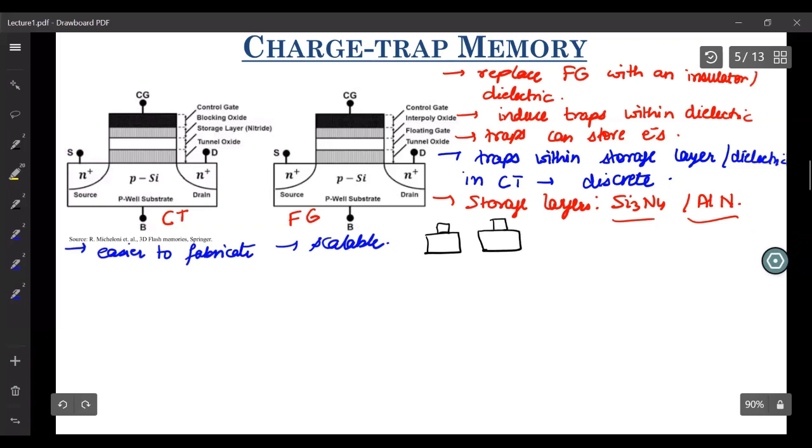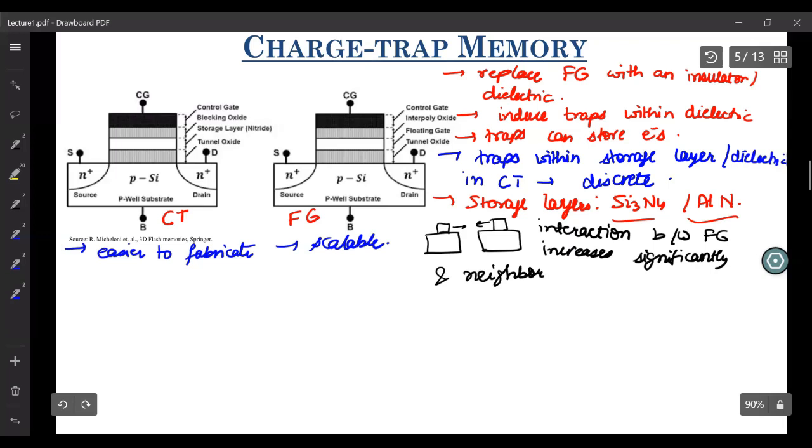If you place them very close to each other, as you bring them closer, the interaction between your floating gates increases significantly, and it causes something which is known as the neighbor disturb effect.